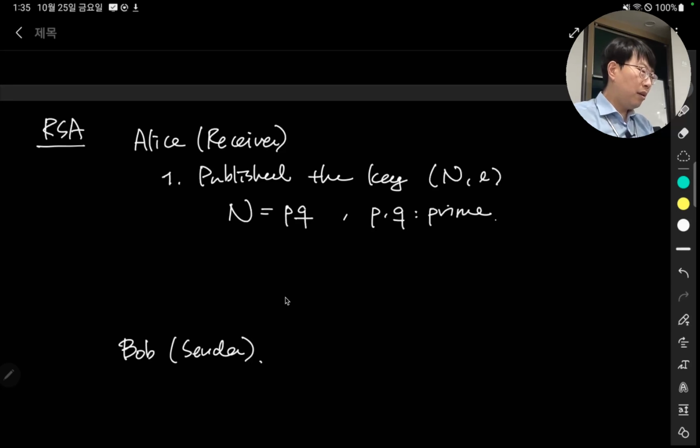They're using it because in theory it takes about 10 years if they use all the computing power on Earth to find out what the P and Q is. So that's supposed to be safe within the year of one or two.